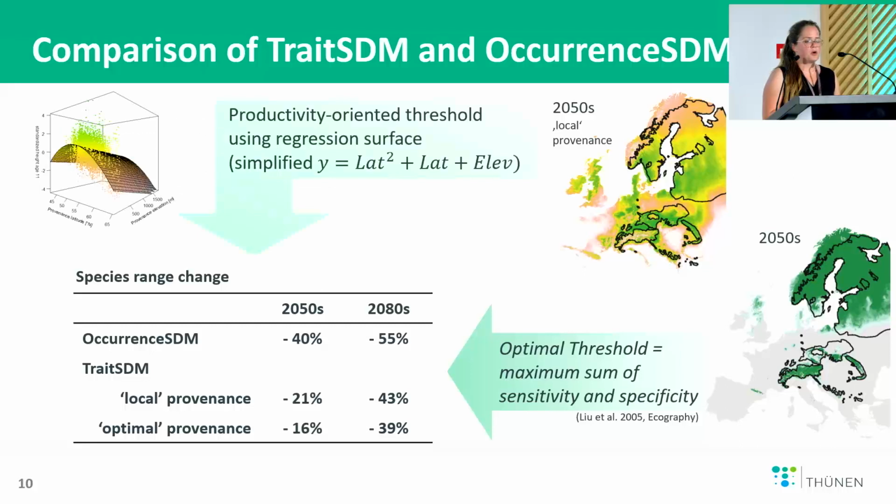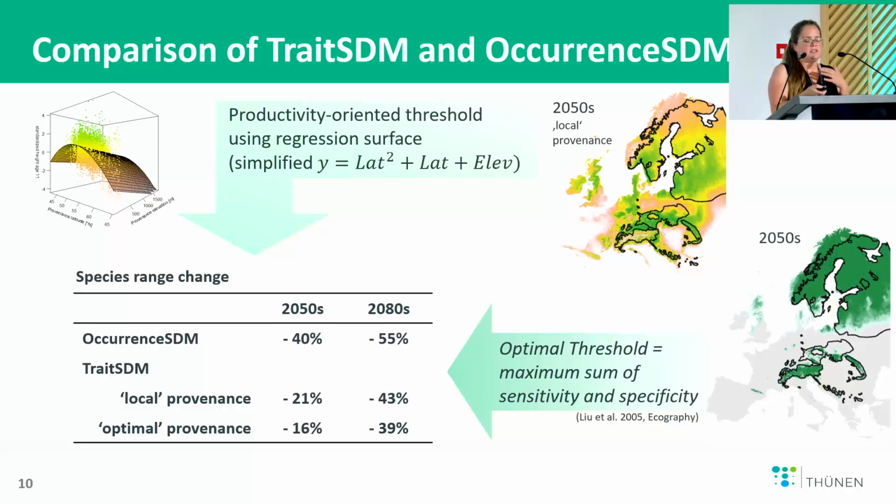And for the trait SDM, we thought about a different solution, because the issue is that these areas here, for example in northern Scandinavia, certainly are habitat for Norway spruce, but it has a lower growth potential. But we still want to identify these as suitable habitats, so we cannot just place a threshold of, say, 2 meters.